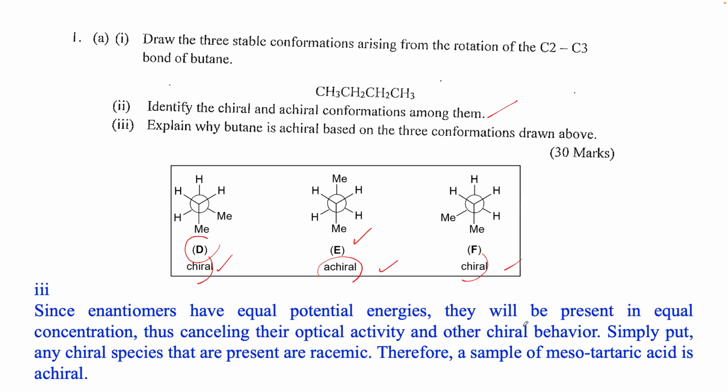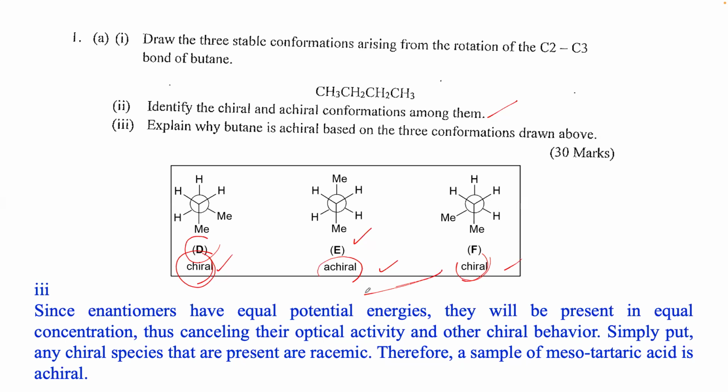So overall, this butane will be achiral, although these conformations have some chirality, since they are equal in potential energies and they are in equal concentrations. Because if they are equal in potential energies, you will have equal amounts. So it's like a racemic mixture.